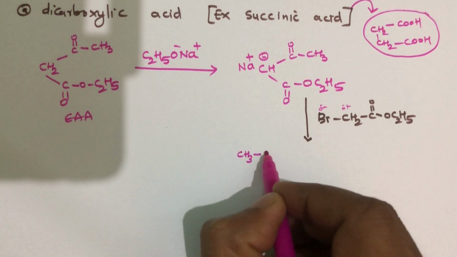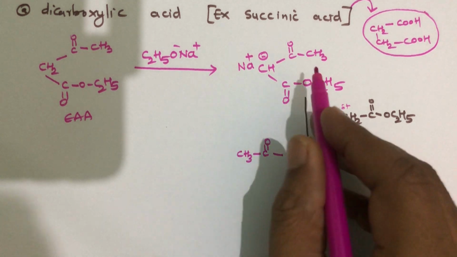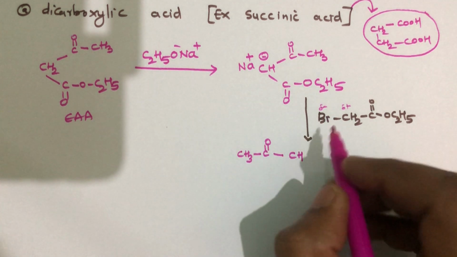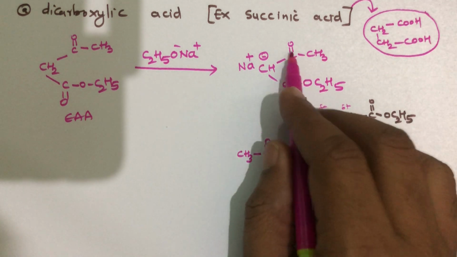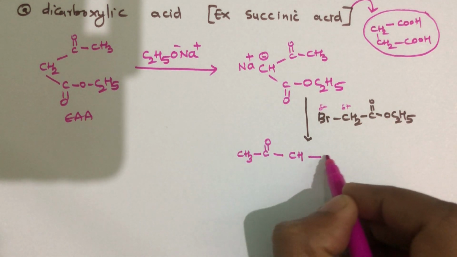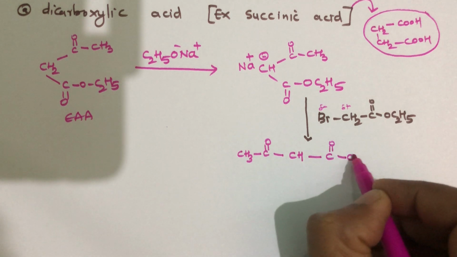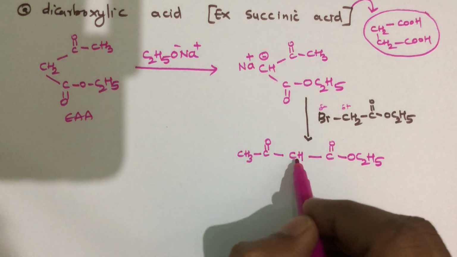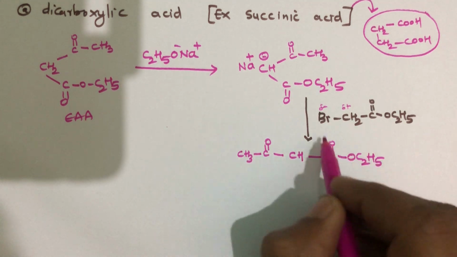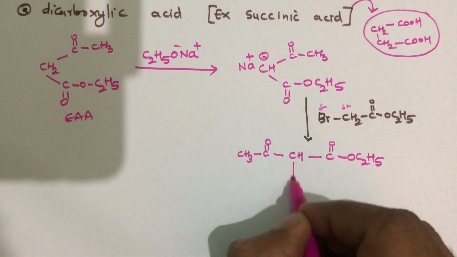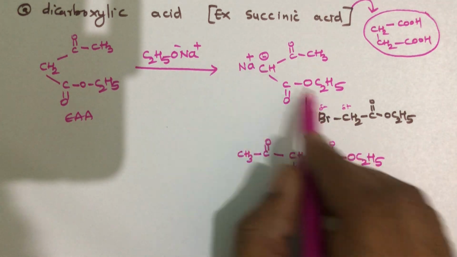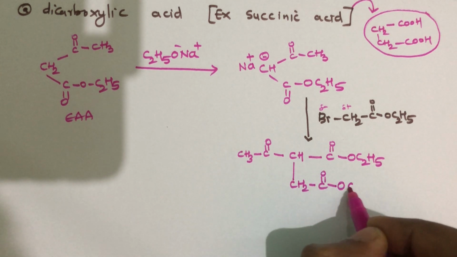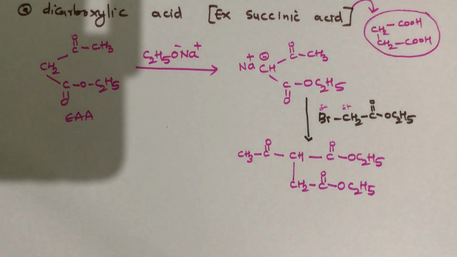CH3 C double bond O CH, C double bond O OC2H5. This will attack it. There will be a bond between this and this. So it will be CH2 C double bond O OC2H5. This is what you get.